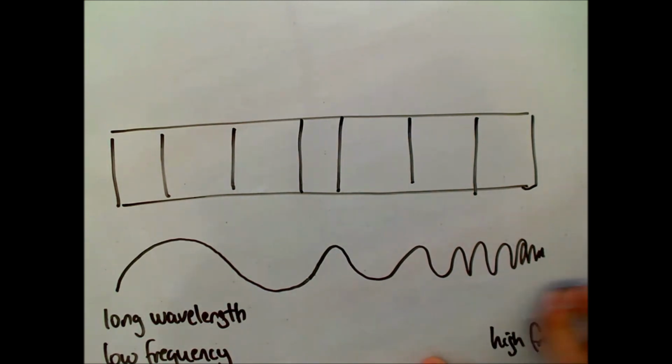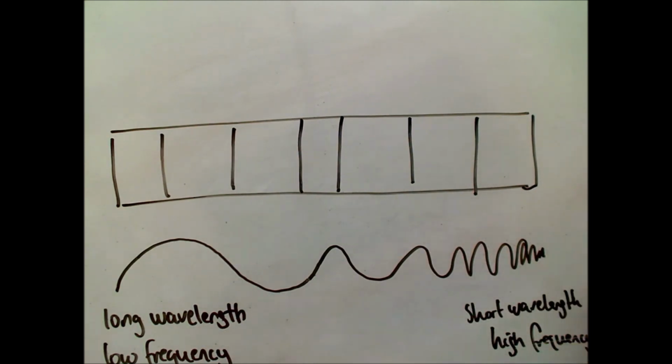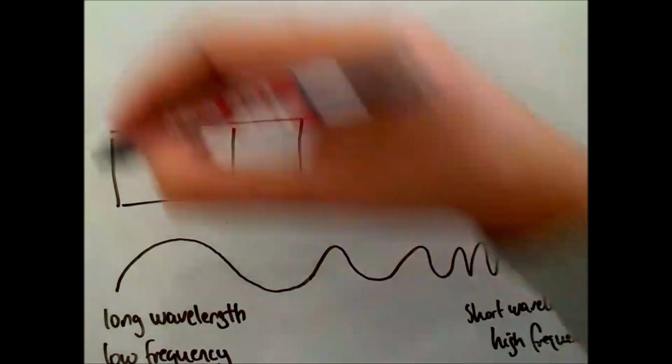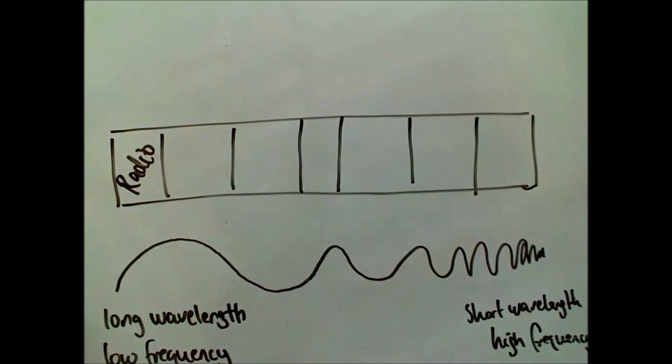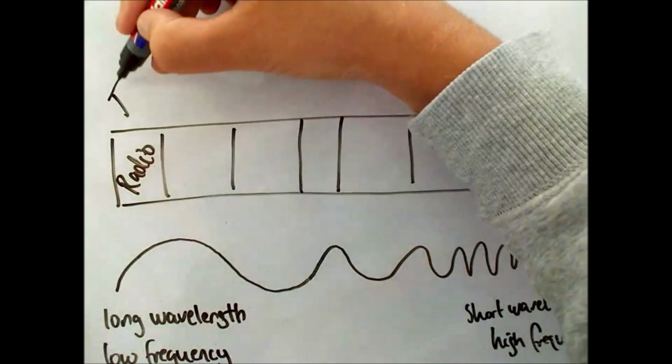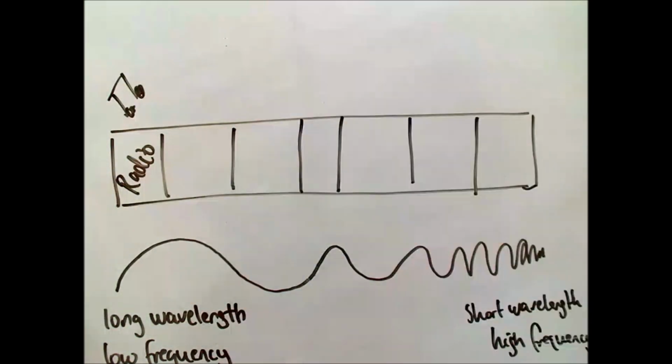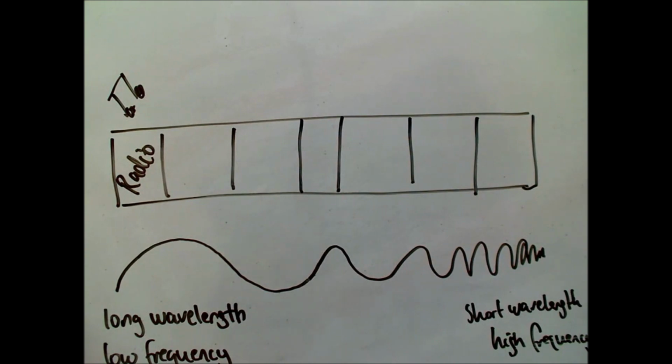Oh, sorry, I just noticed that's not quite on there. That is a short wavelength. So the part of the electromagnetic spectrum with the longest wavelength and lowest frequency is a radio wave. The ones we listen to on the radio for music are the longest and the lowest frequency.